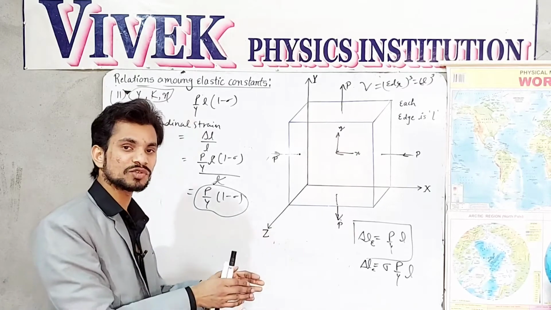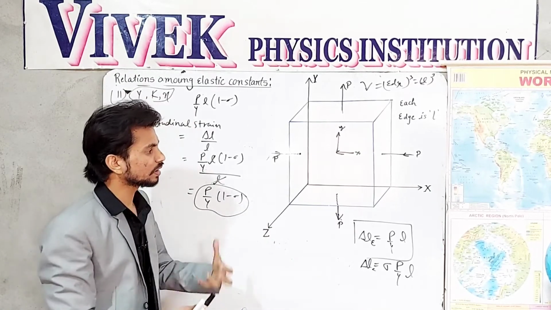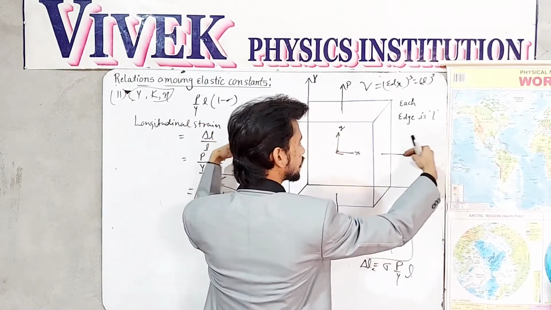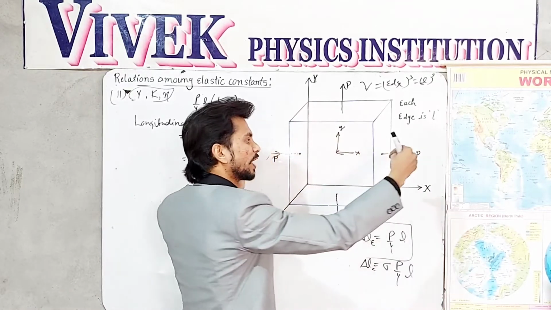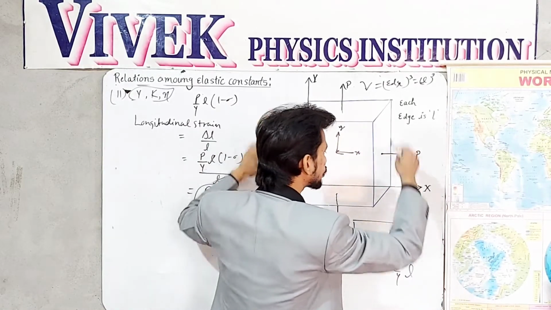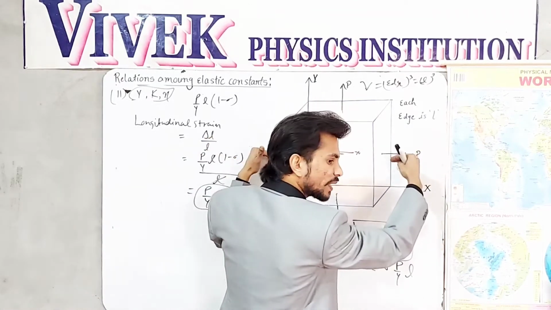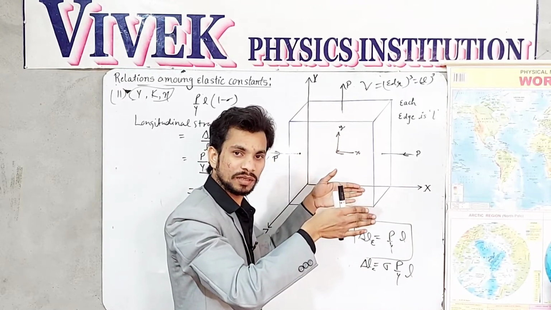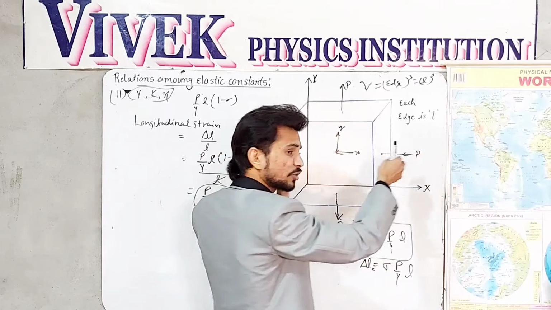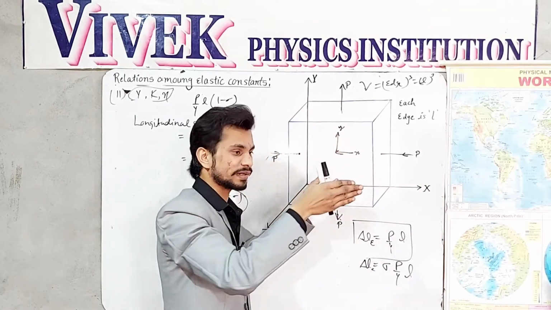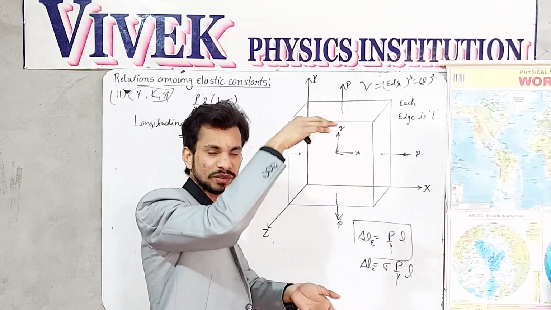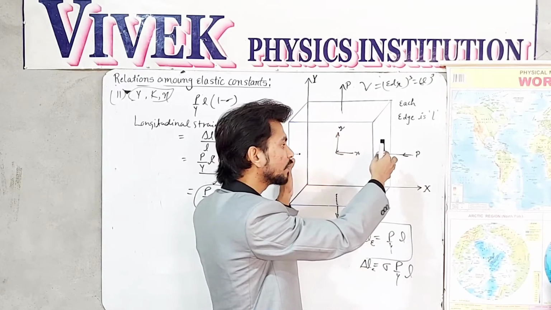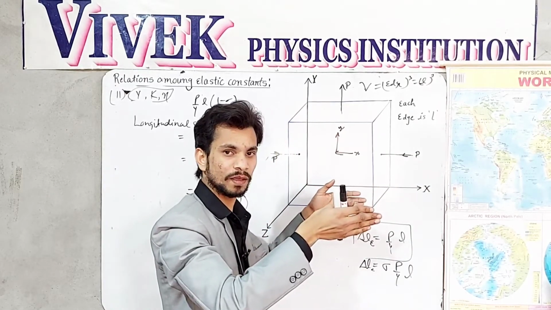What I mean is that when there is a normal stress along the x-axis, you are compressing this cube along the x-axis, then there will be an extension along the z-axis. And why is that? Because you are compressing the cube, there will be an increase in the z-axis length as well as in the y-axis length. So compressing along the x-axis gives a z-axis extension.